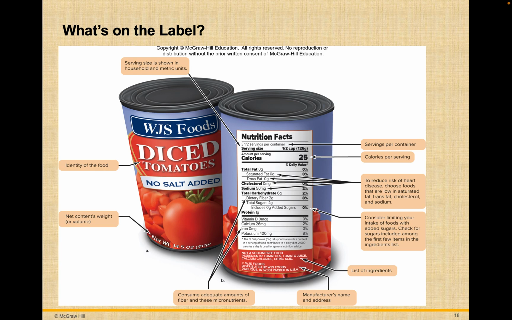For example, if you're looking at a container of fruit juice and the first ingredient is sugar or water, then you can assume there is not much actual fruit in this product. The list of ingredients actually tells you what you are really paying for. Is it water, sugar, or fruit juice?